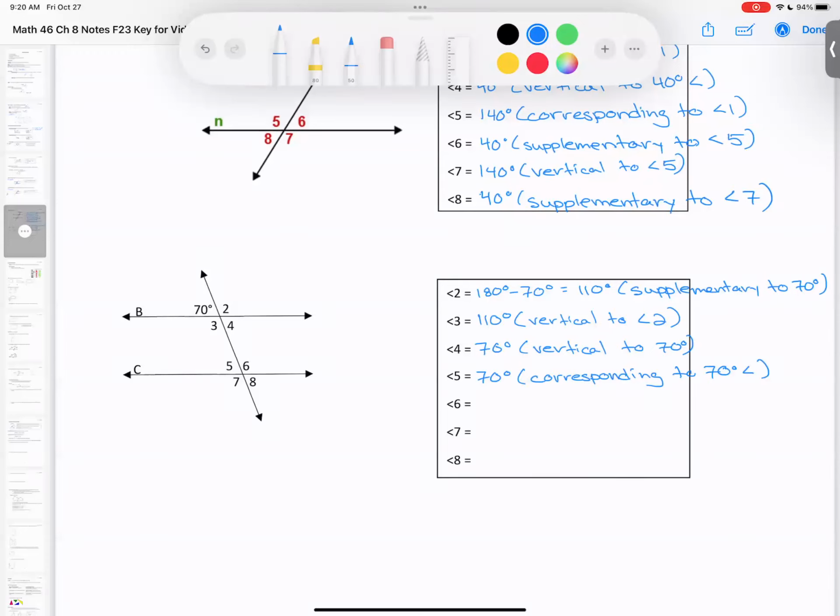Okay, angle 6 is supplementary to angle 5, which means it must add up to 180 degrees. So it's 110 degrees, supplementary to angle 5.